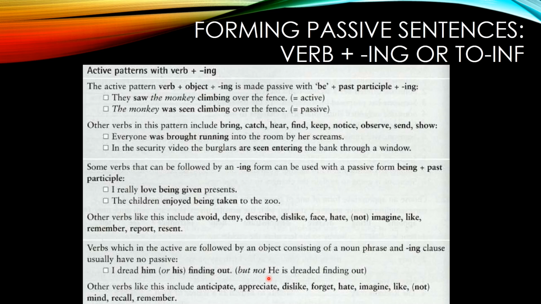So the sentence becomes very difficult to understand. Other verbs like this include anticipate, appreciate, dislike, forget, hate, imagine, like, mind or not mind, recall, remember. So with these verbs, passive forms are not possible.